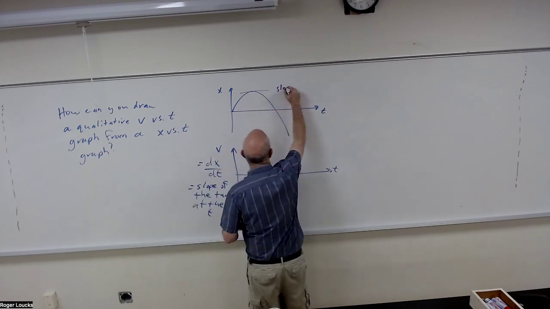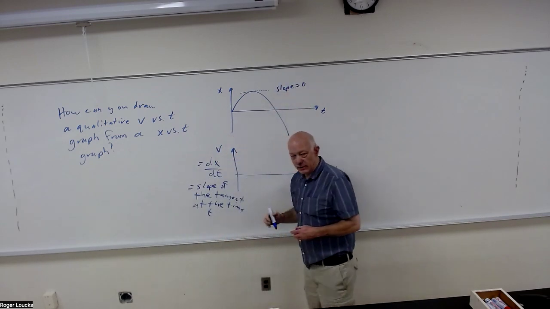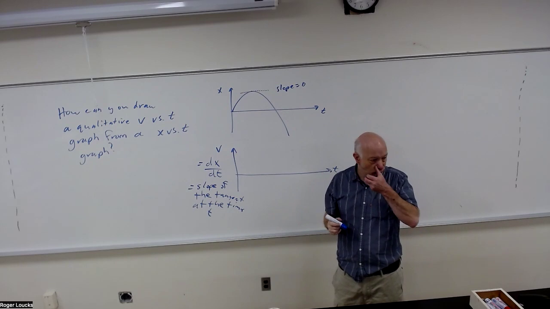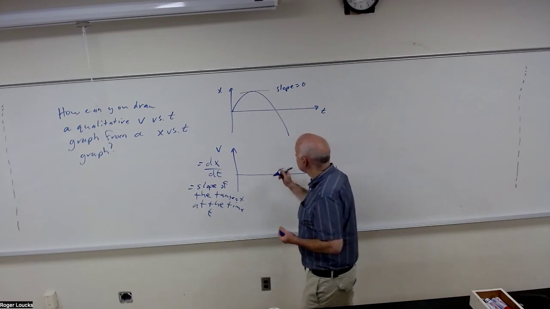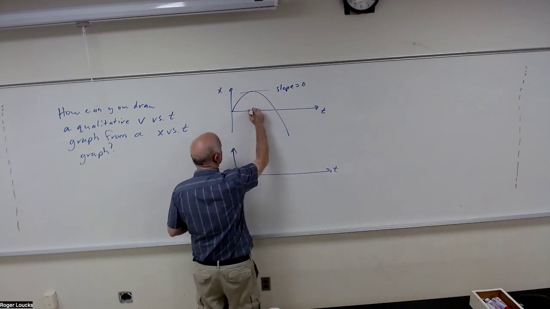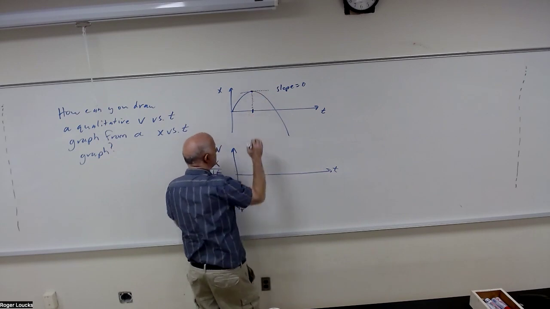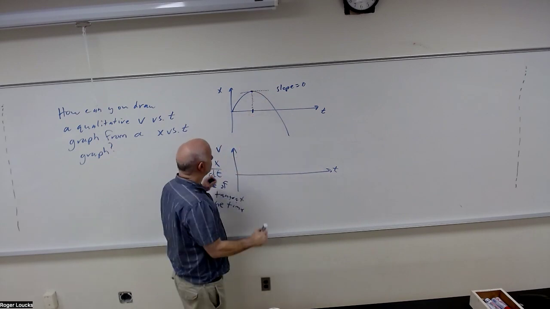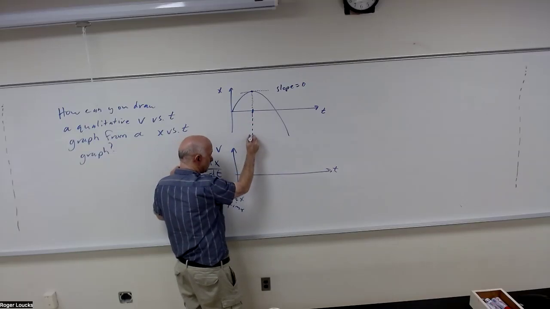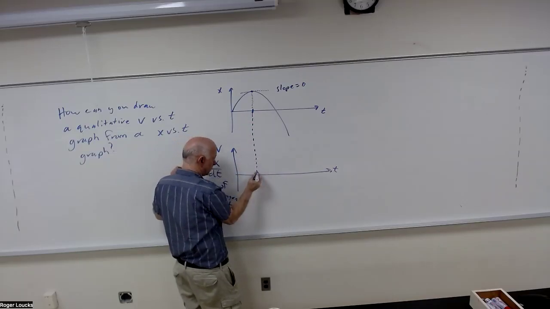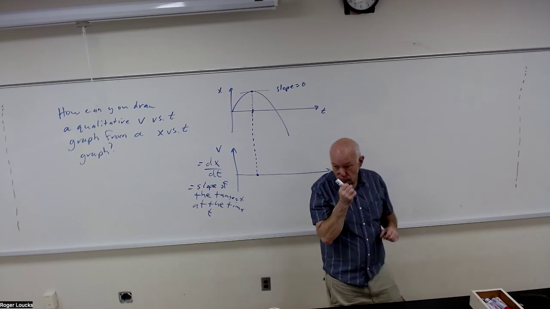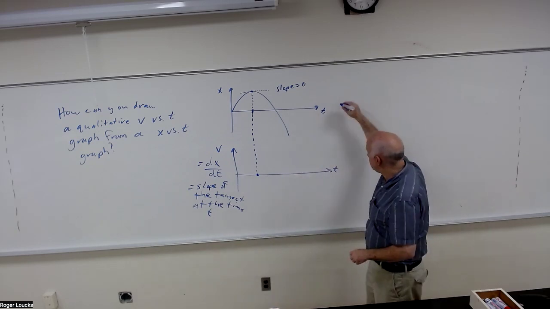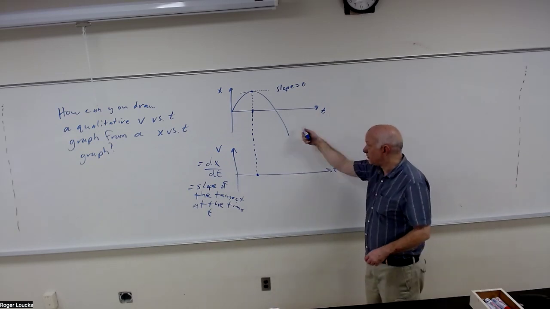So what does that mean about the velocity? So at this time here, I have no velocity. So at the same time here, I'm going to carry down this line like that. I put a zero there. And if this thing went like this, you put zeros at all the maximums and minimums.